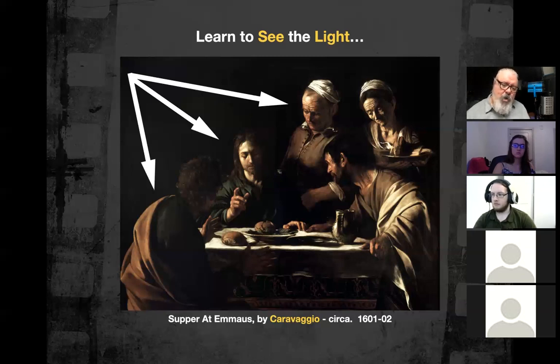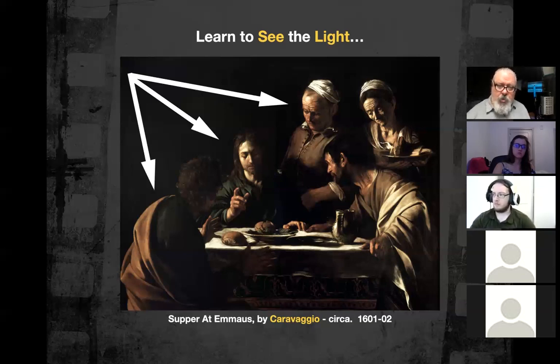So we have the central figure. He's telling a story. He might be telling a story about where he's been or where he's going. He might be entertaining everybody at the table as payment for a meal, or he might be explaining that he can't pay for the meal, or we don't know.